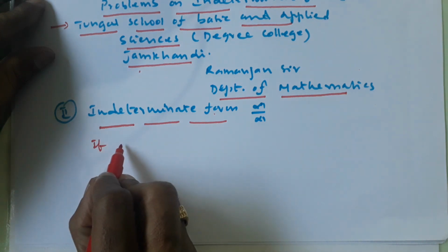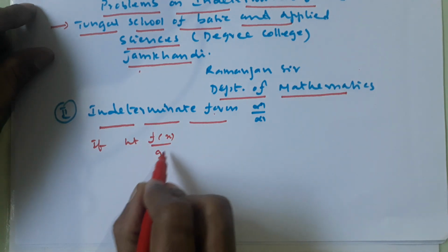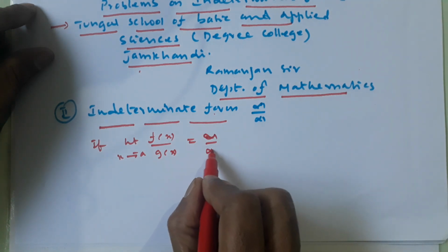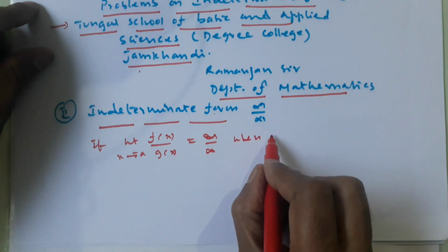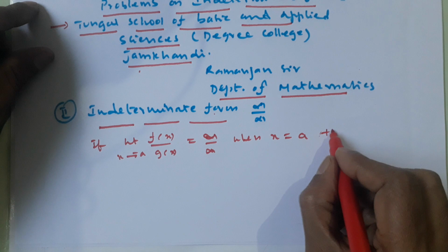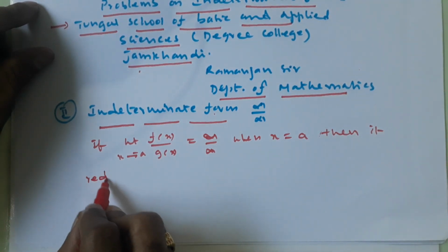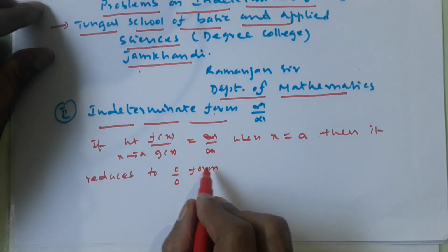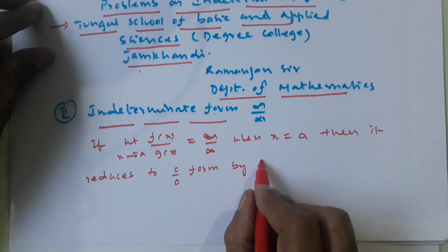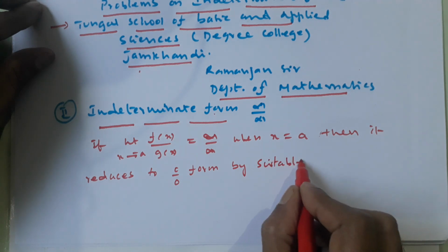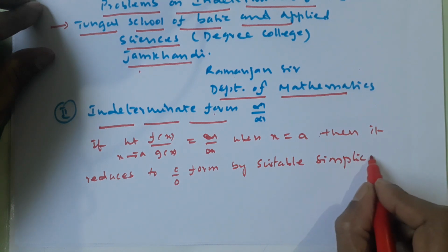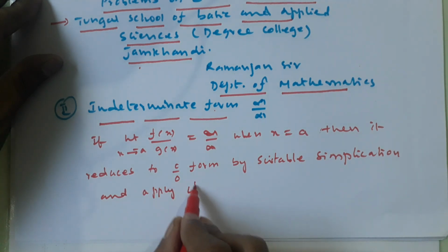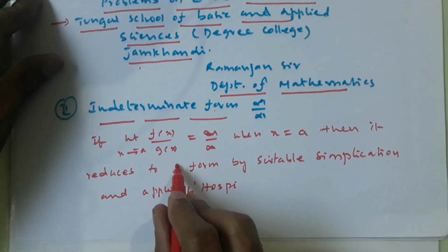If limit f of x by g of x as x tends to a is equal to infinity by infinity, where x is equal to a, then it reduces to 0 by 0 form by suitable simplification, and apply L'Hospital rule, because now it is of 0 by 0 form.